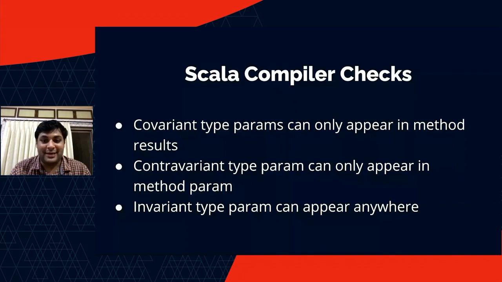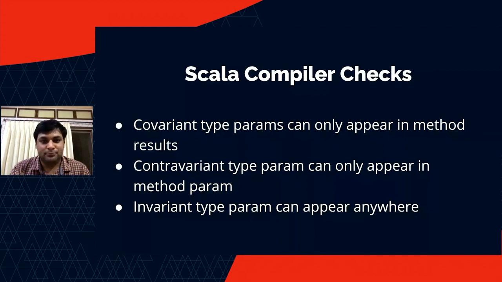A contravariant type parameter has the freedom to be in the method parameter position, or the input position of the method. And if you're invariant, you have the freedom to be anywhere. There are multiple checks also, but this will be very useful to understand how we implement those contravariant and covariant types for different functions.